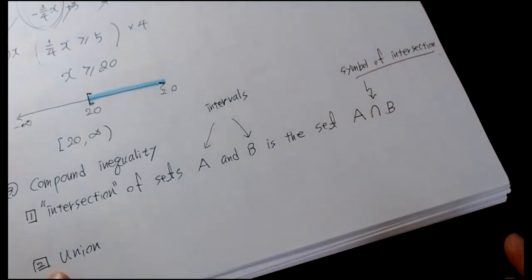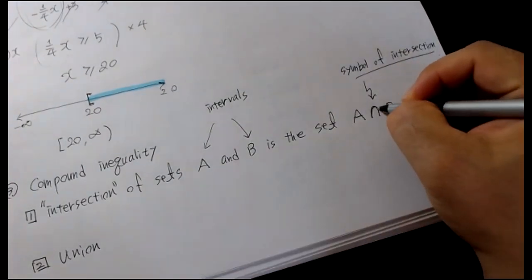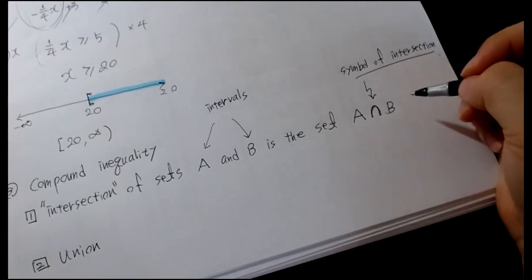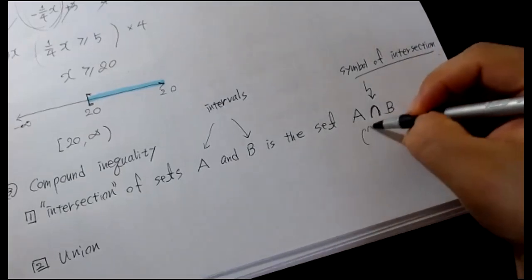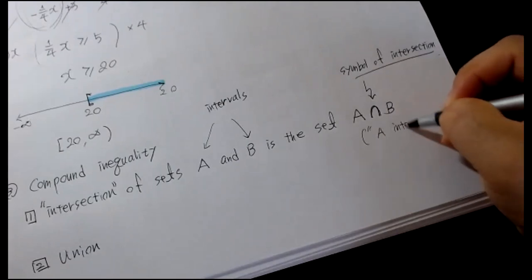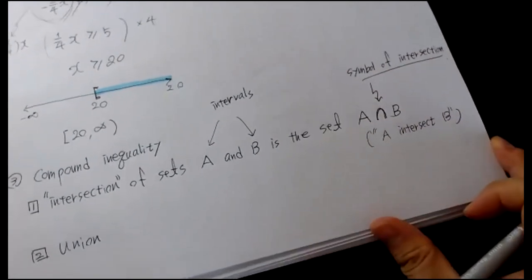Keep this in mind. Sometimes this is called the cap, so A cap B, or officially A intersect B. So what does that mean?